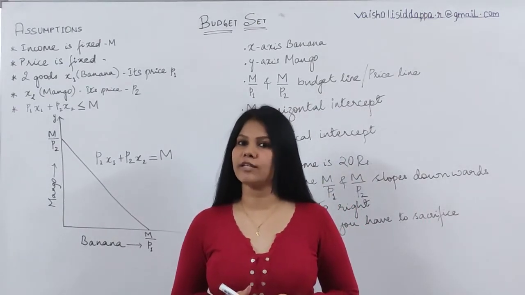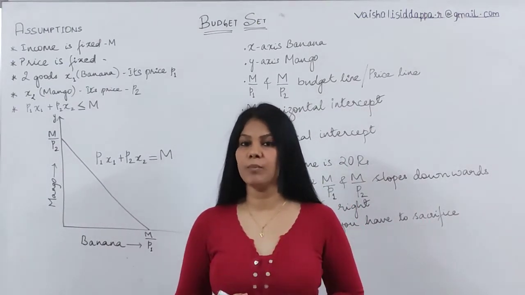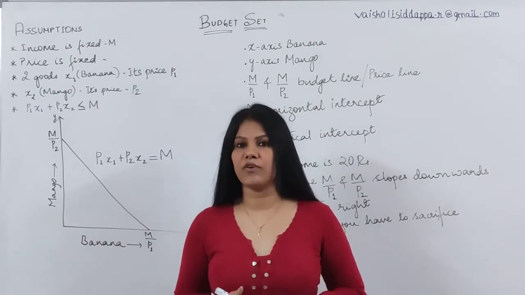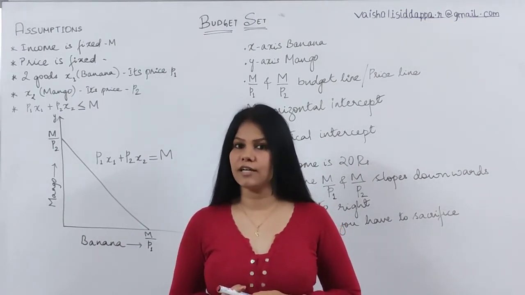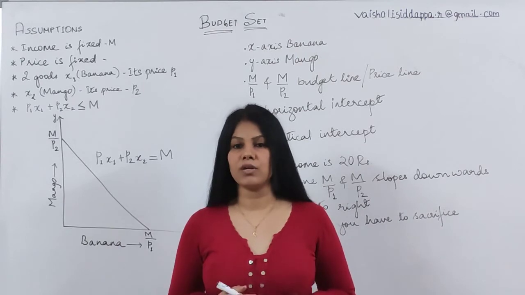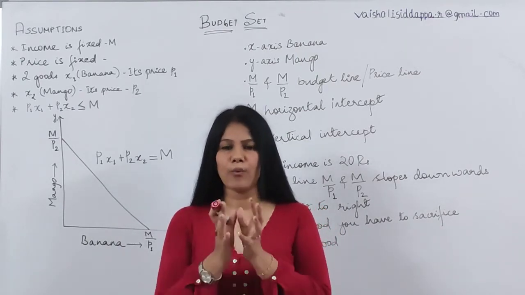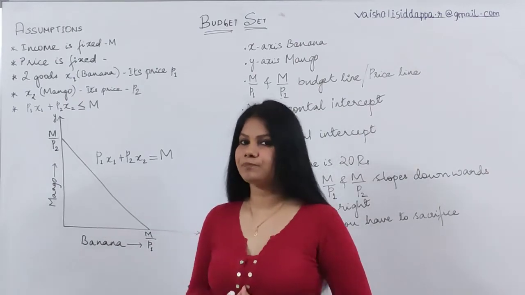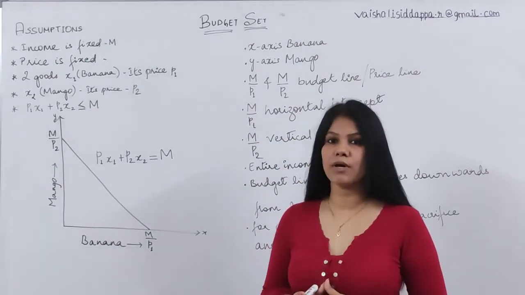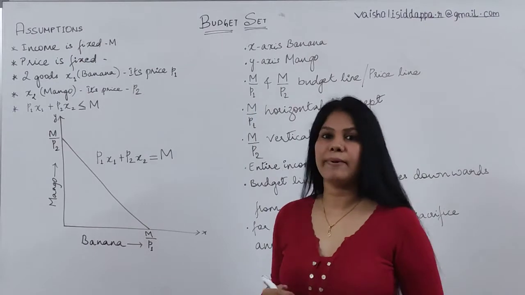How are you going to alter your consumption pattern and get maximum utility when prices are fixed and income is very limited? That is what we're going to talk about in the budget set.